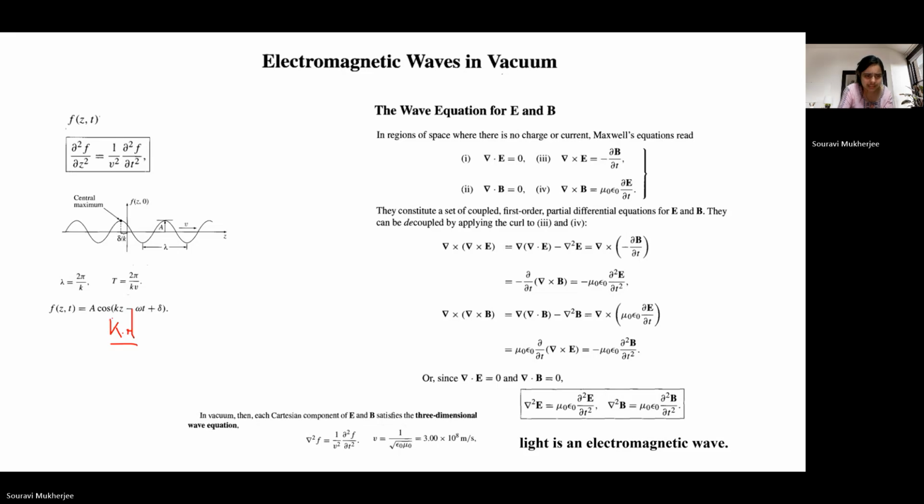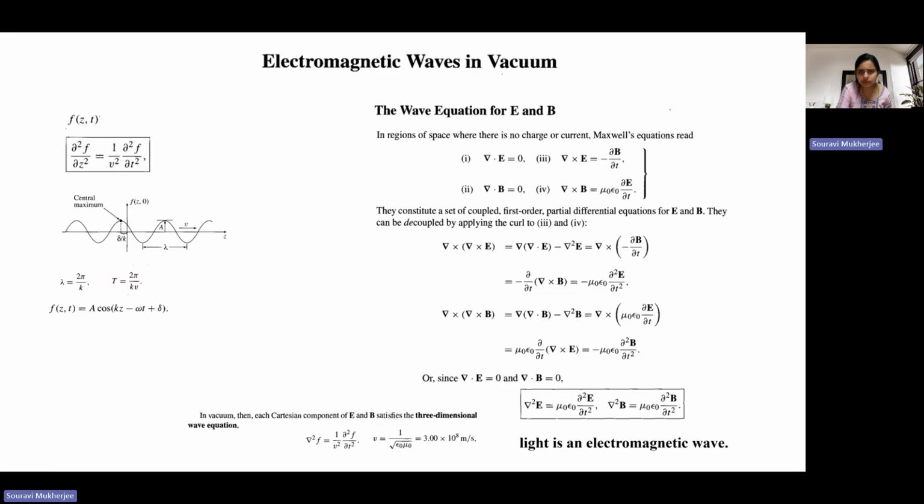And 2 pi by k is basically lambda, which defines your wavelength, which gives the spatial periodicity of the wave. So this is a general form of how you can have a periodic wave given by this relation, and how the temporal and spatial periodicities are defined.